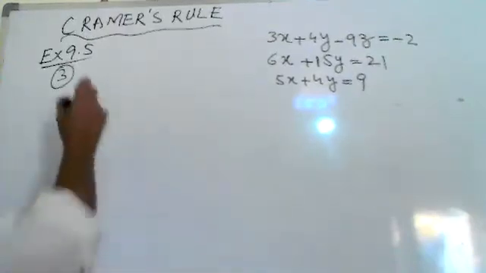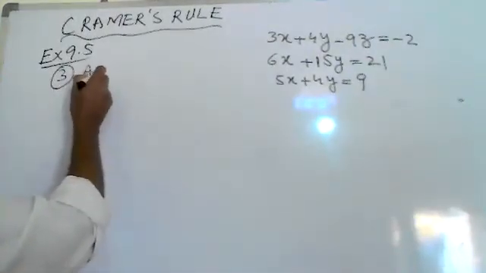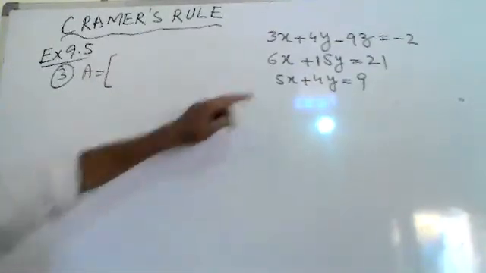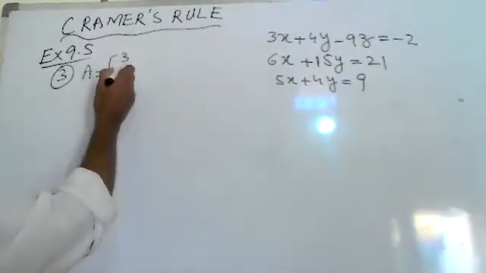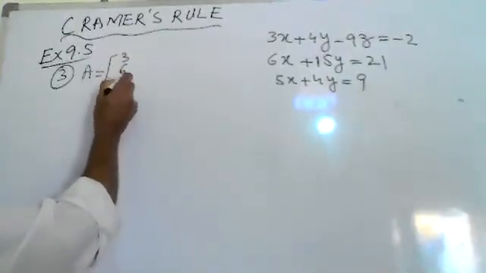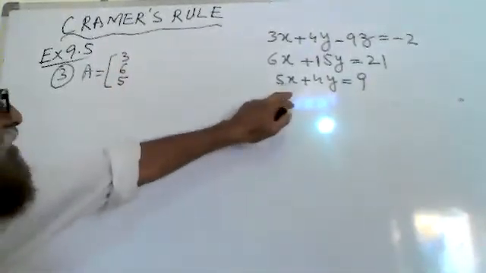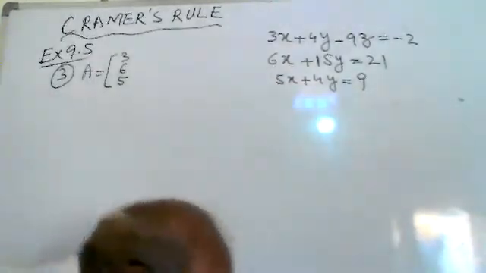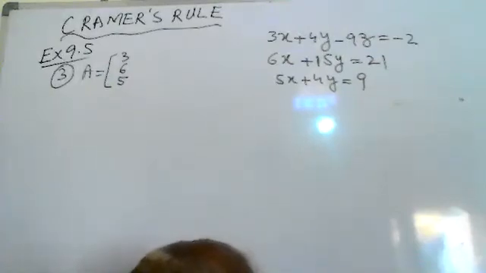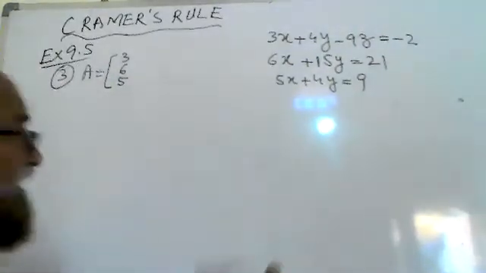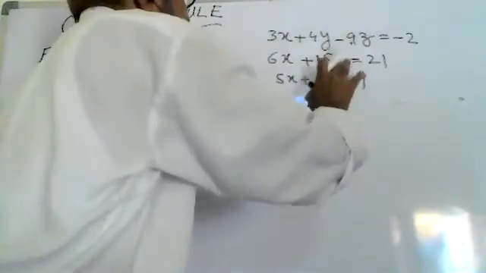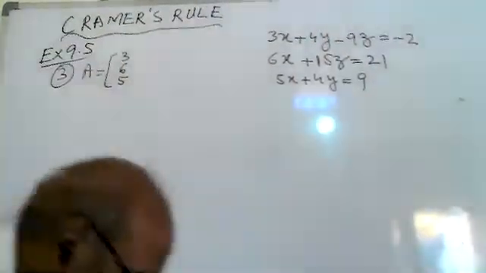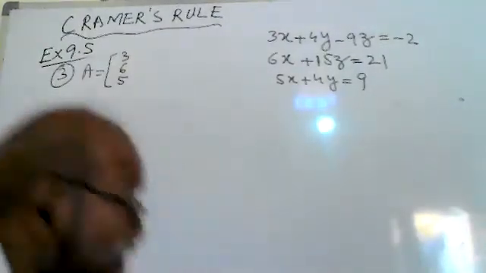First we'll make A. The matrix A will become: the coefficient of x is 3, 6, 5. Second column, coefficients of y: 4, 15 and 4. Z है. This is 15z.